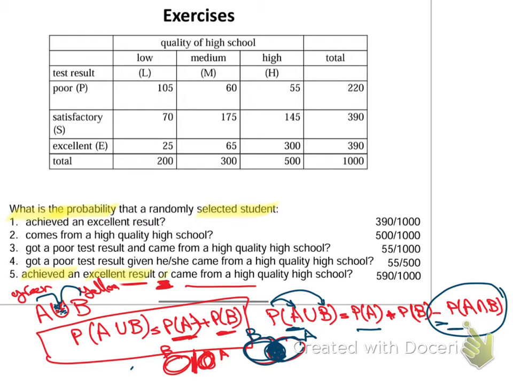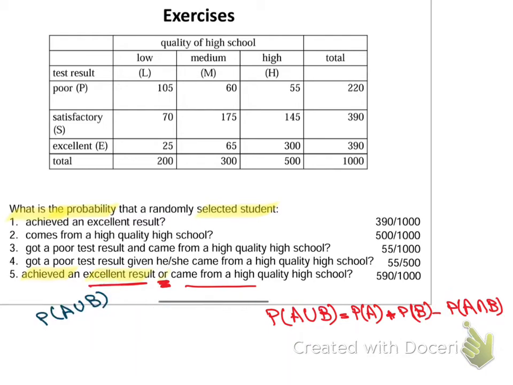So our question is, what is the probability the selected students achieve excellent, or means union, came from high quality school? So I write A union B. In this case, order doesn't matter, because it is not a given case. A given B is different than B given A, but in the union or intersection, it doesn't matter.